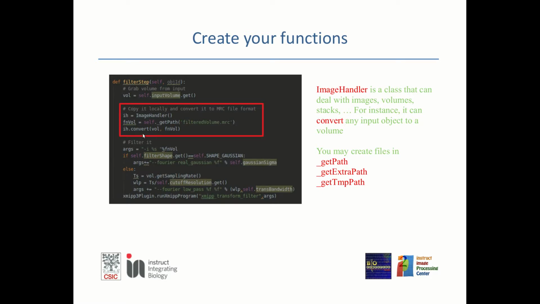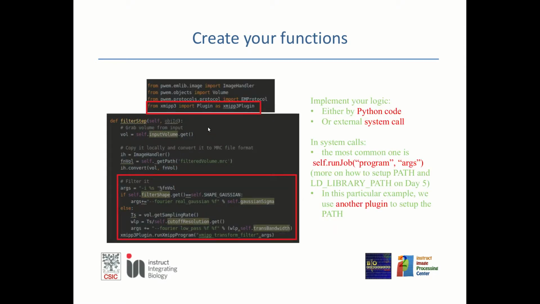At the moment we are only converting whatever the input file format is. We have a volume in whatever file format, and we are converting it to MRC file. For the moment we haven't filtered it.